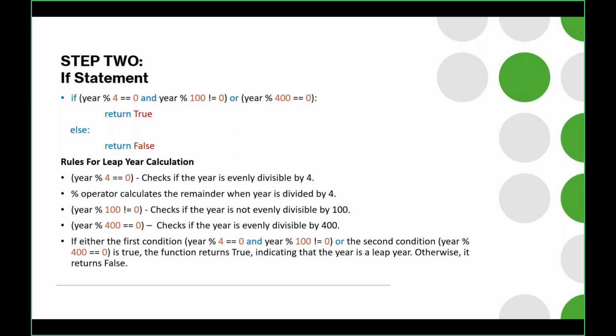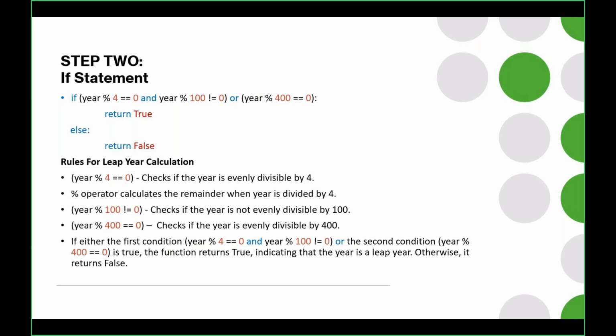So the second aspect after the and, we say year % 100 != 0. For this one, we check if the year is not evenly divisible by 100.